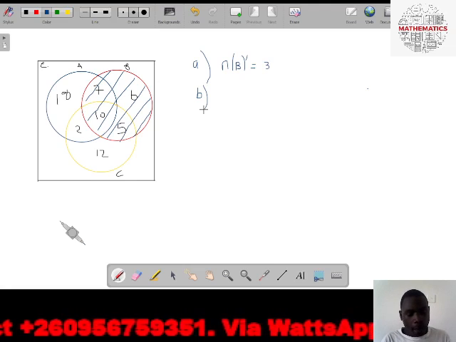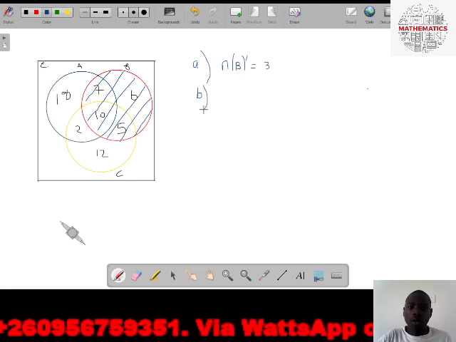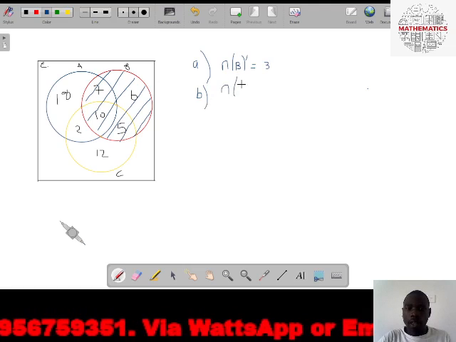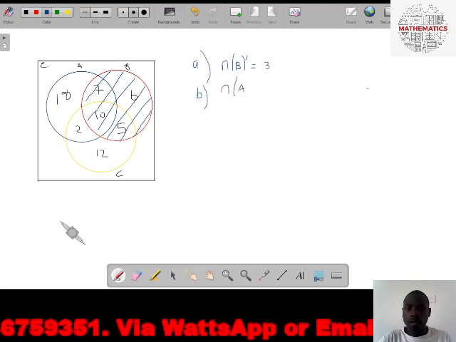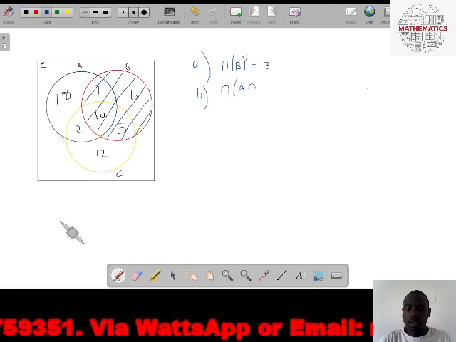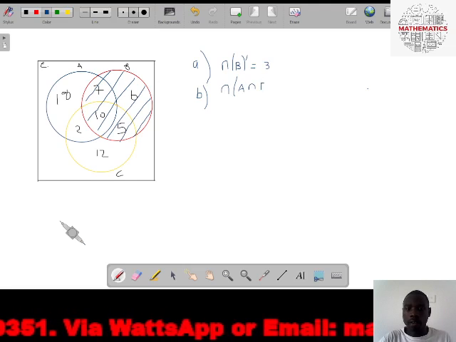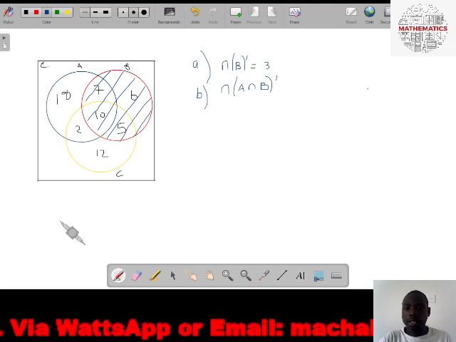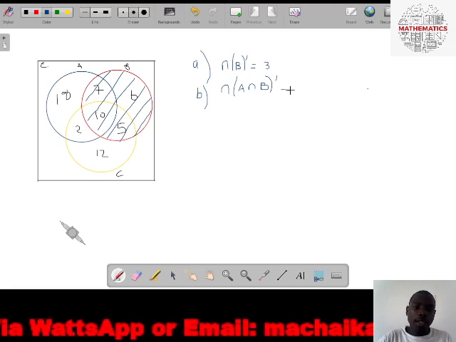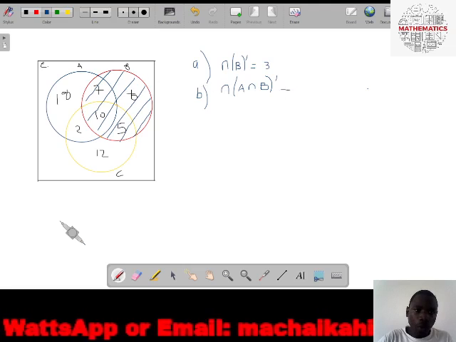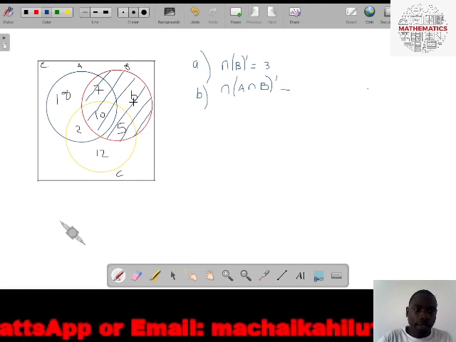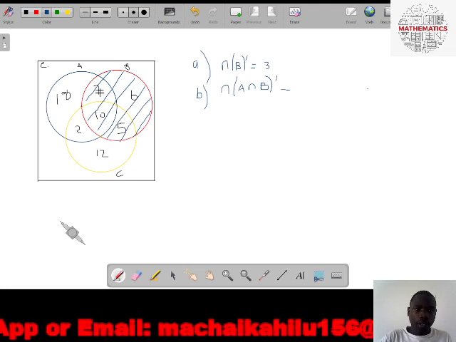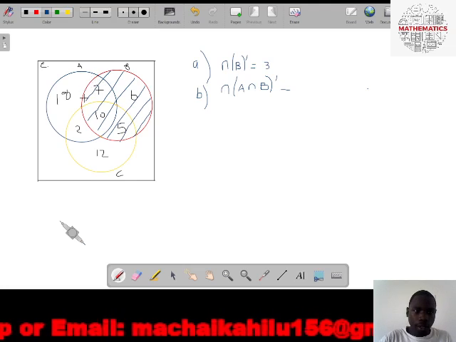Then B, it says number of A intersection B complement. So A intersection B, when you look at this one, A intersection B is this one here.